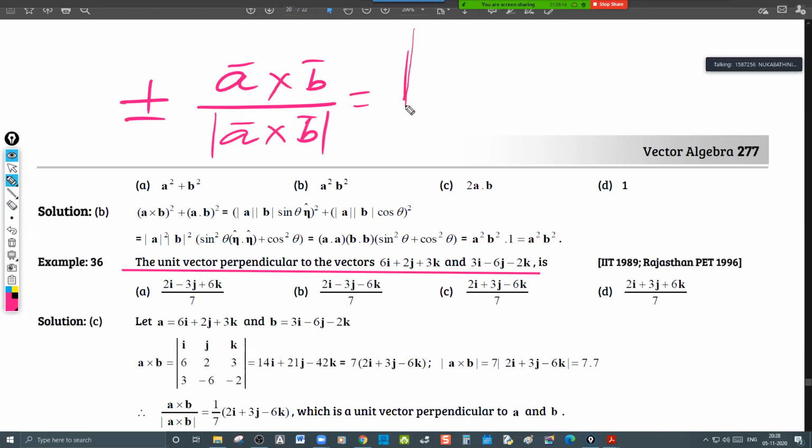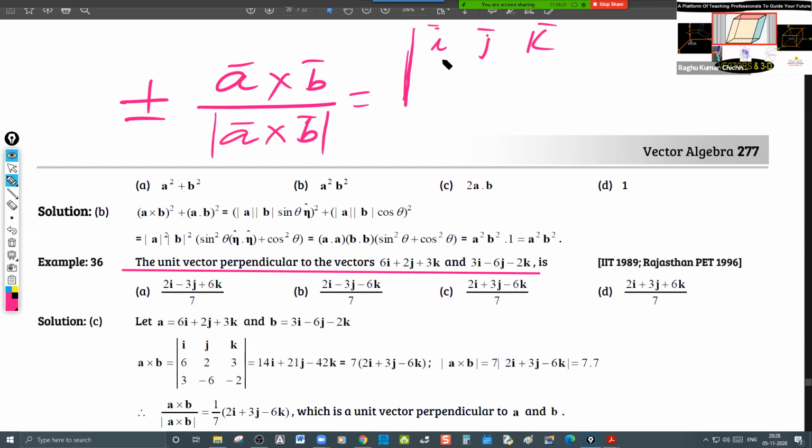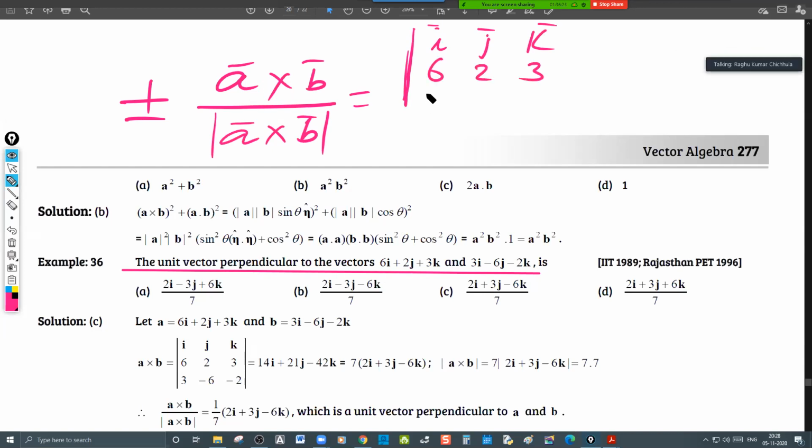Determinant, i j k. Come on, tell me: 6, 3, minus 3, minus 6, minus 2.